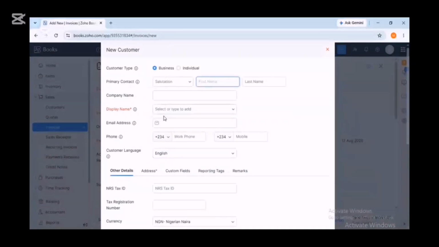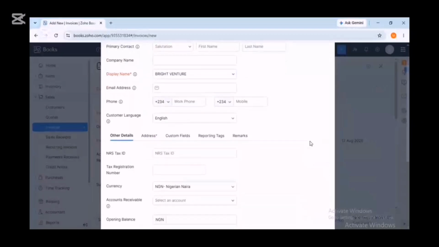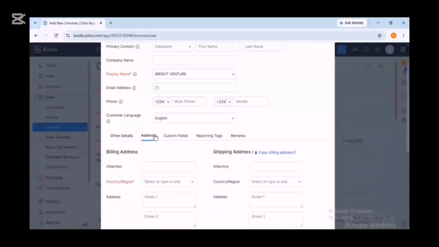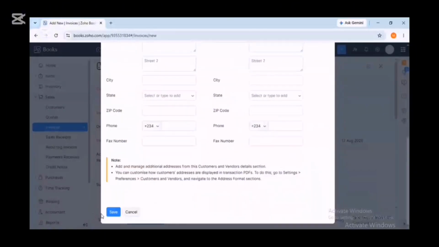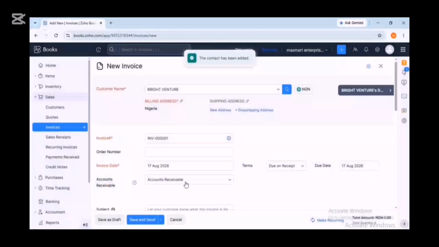So let's input Bright Venture. All right. So let's input his address, which is a mandatory field to fill. If you decide, you can fill in so much more, but for the sake of this training, let's input the necessary ones.